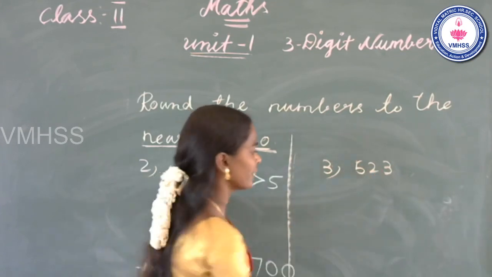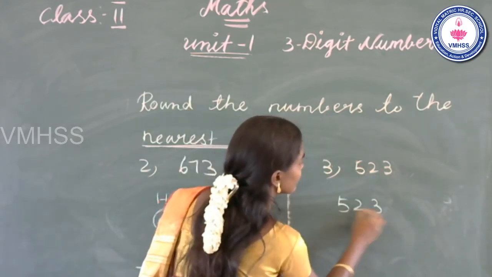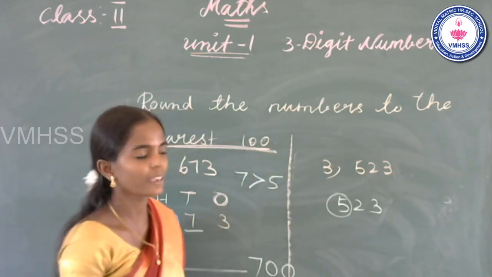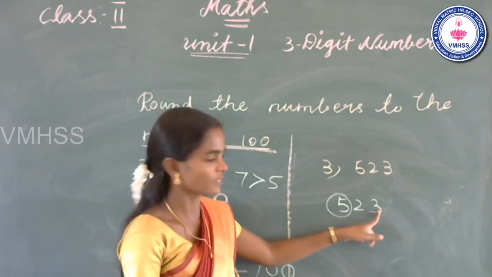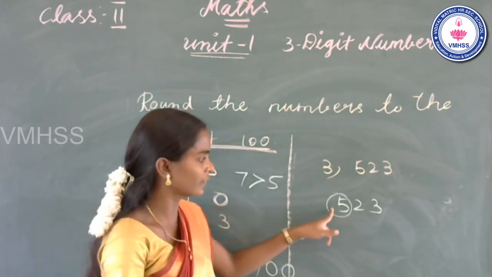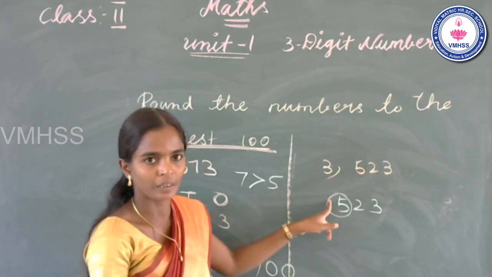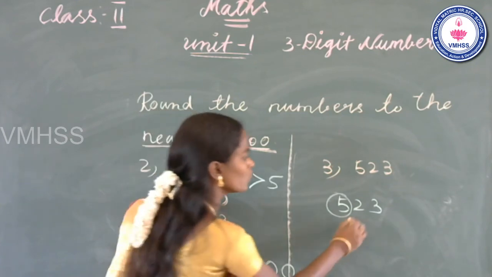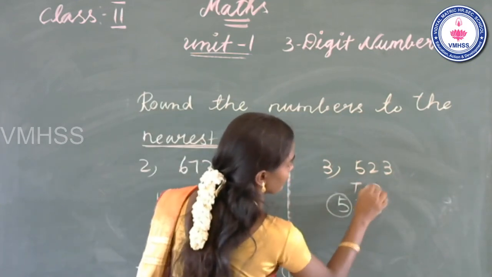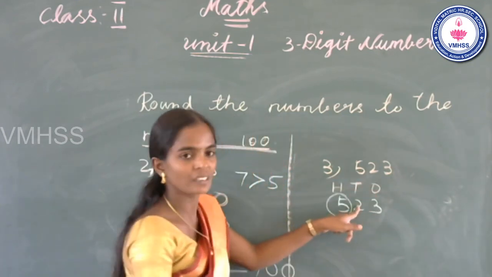523. Children, first we circle the 100 place number. From the right, the first place is ones, the second tens, the third hundreds. Next we look at the tens place number. The tens place number is 2.